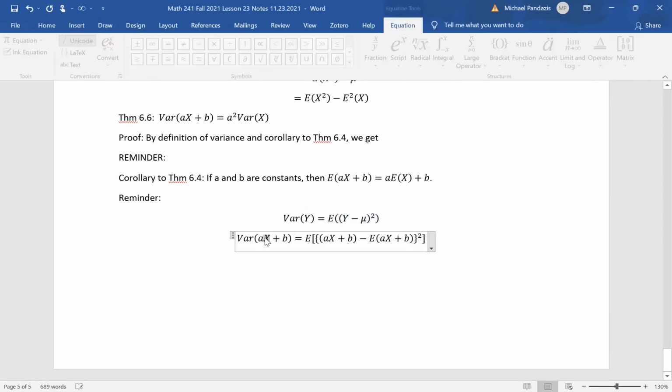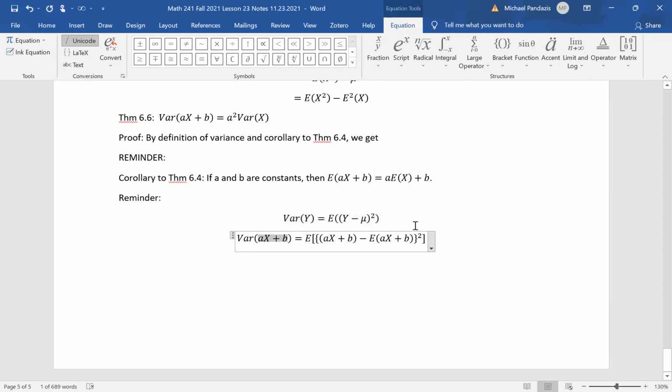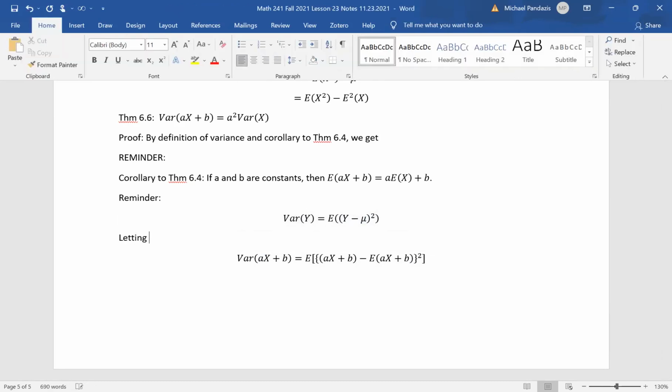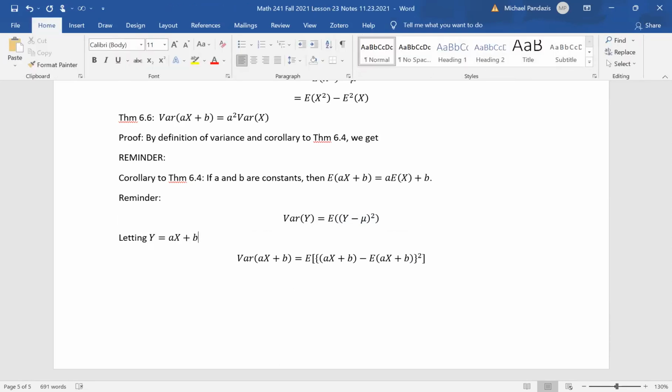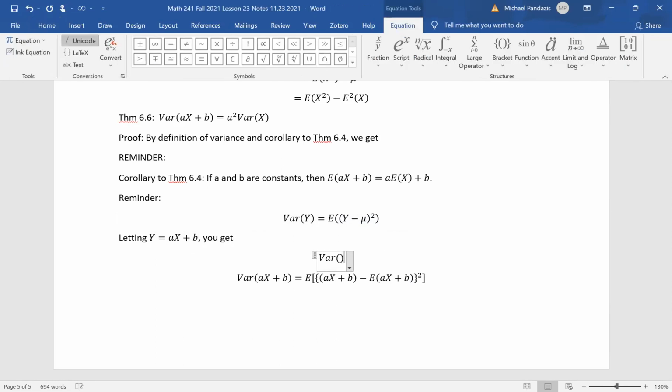So if you take the variance of AX plus B, letting Y equal AX plus B, you get that the variance of AX plus B is equal to the variance of Y, which is equal to the expected value of Y minus mu, squared.